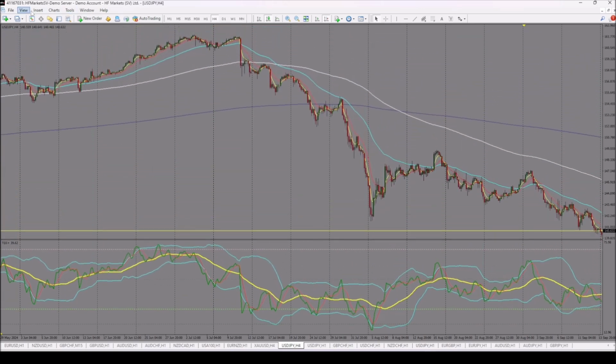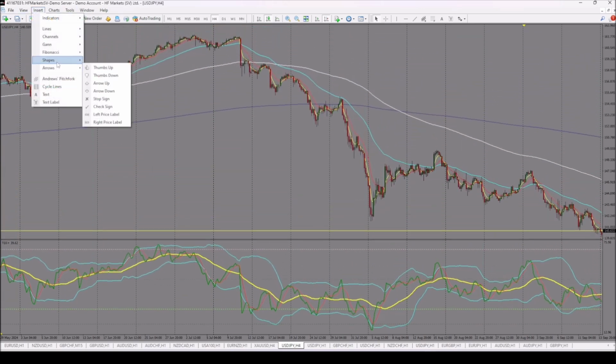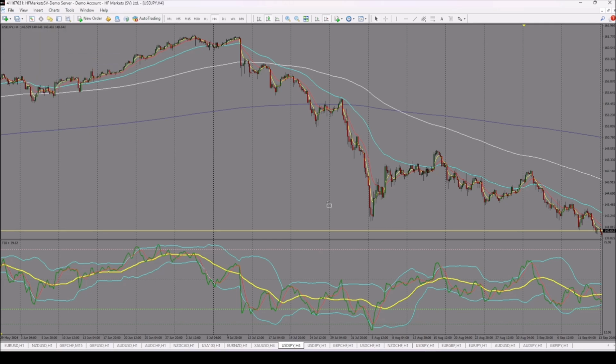So let's pick at least two which we can use. This one corresponds to this particular point in structure, and this one to this point in structure. So peak formation high, peak formation low, and another peak formation high at this point, corresponding to this shark fin on the Traders Dynamic Index of the H4 time frame.